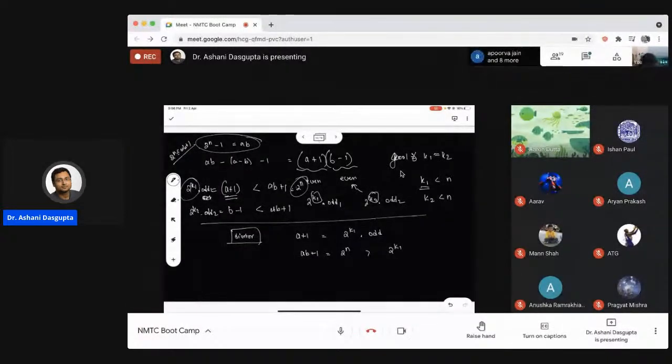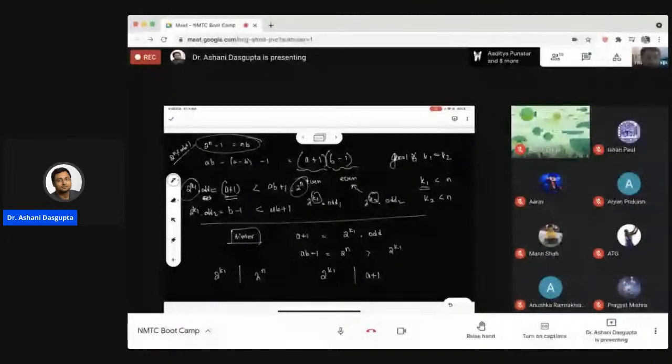So we have two things. 2 to the power k1 divides 2 to the power n, and 2 to the power k1 divides a plus 1. We have two pieces of information here.